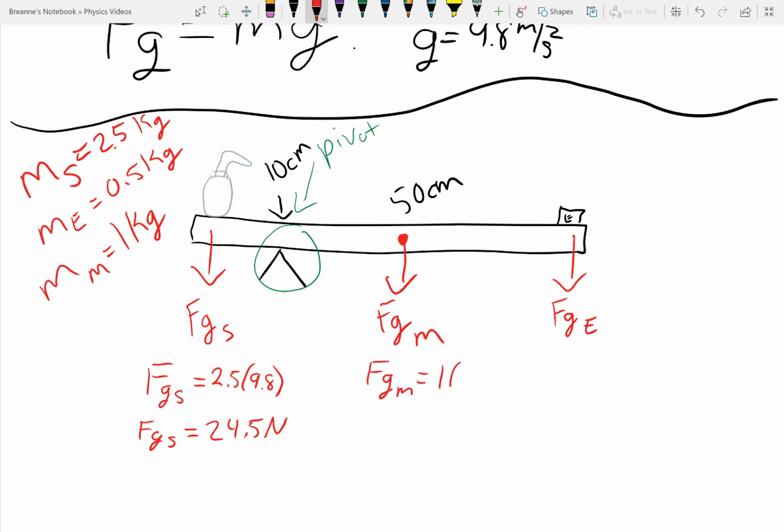So that's just 1 times 9.8. So the force of gravity of the meter stick is just 9.8. And then you need to figure out your force of gravity of your eraser, which is the mass of the eraser, 0.5, times 9.8. So 0.5 times 9.8 gives you 4.9.